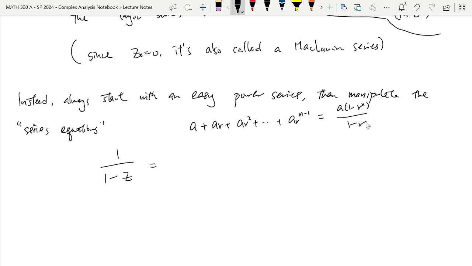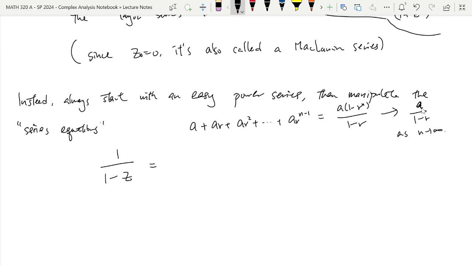Yes, the x is r, right? So it tends to just a over 1 minus r as n goes to infinity. The same formula works. So use it in the opposite way.